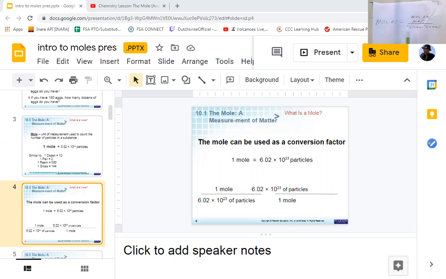Moles is equal to molar mass over, meaning divided by, the given grams. This will be the grams given that were weighed out in the lab. This is really, really easy and fun. One way you can calculate the number of moles in something is molar mass divided by given grams.